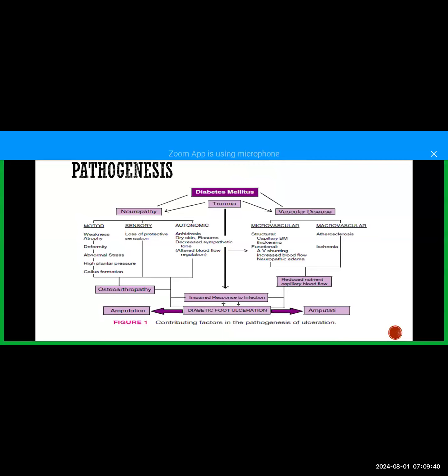The pathogenesis of diabetic foot syndrome is multifactorial, including peripheral neuropathy, abnormal foot biomechanics, peripheral arterial disease, and poor wound healing.